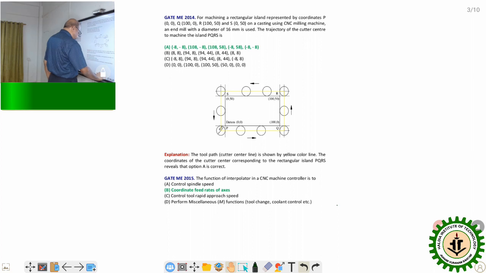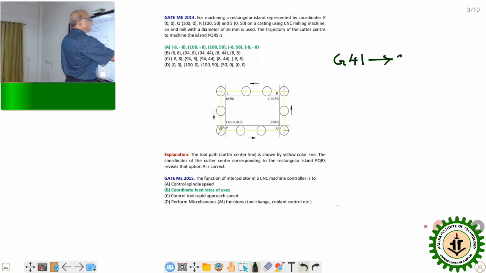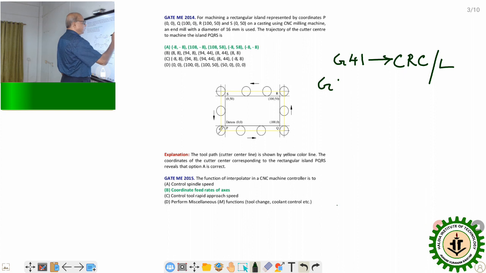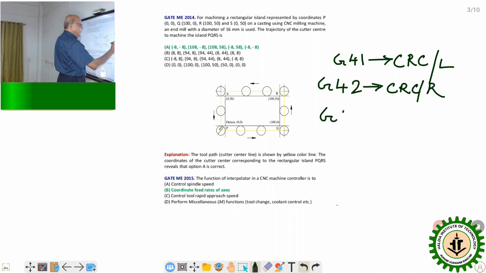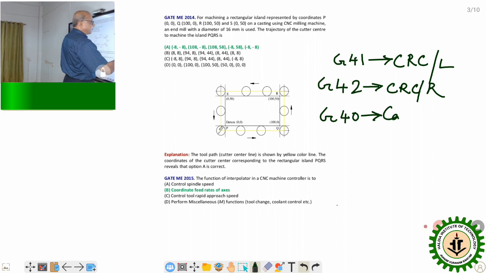So G41 is cutter radius compensation left, G42 is cutter radius compensation right, and G40 is cancellation.